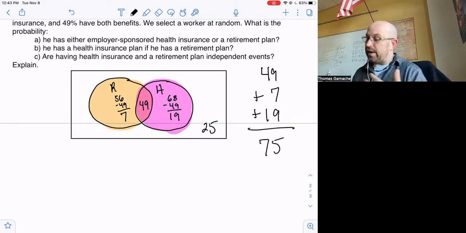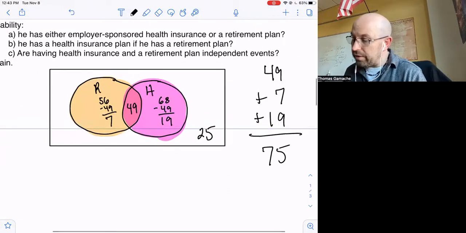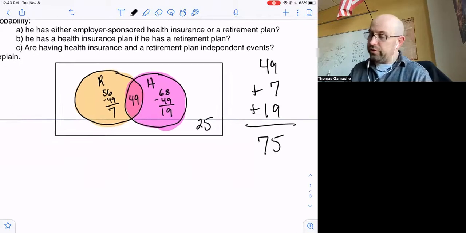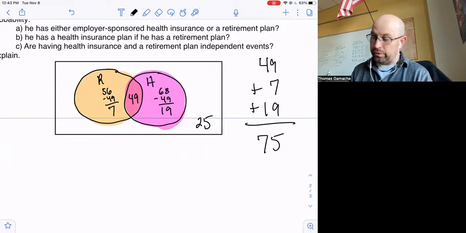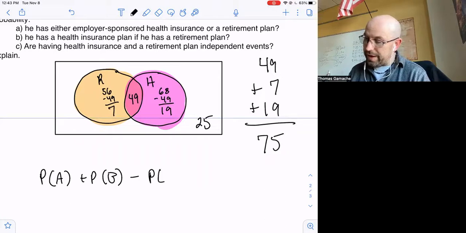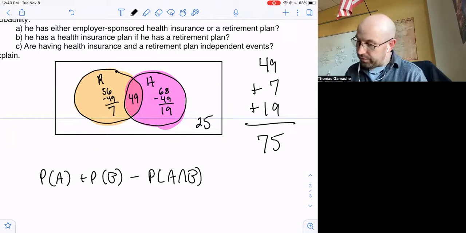All right, so now this gives me the opportunity to answer some questions. The first one asked me, has either employee-sponsored health insurance or a retirement plan? This is a good opportunity to use our general addition rule, where you have the probability of A plus the probability of B minus the probability of them happening both at the same time, because what we're doing is getting rid of that overlap that we've already counted.